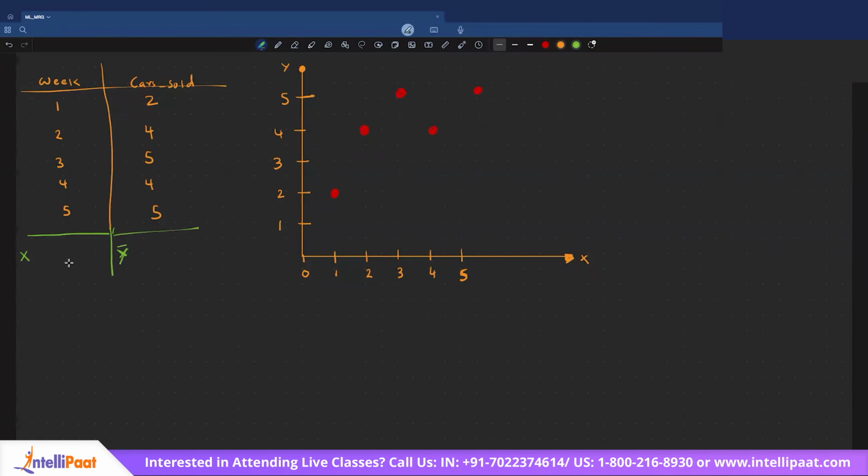What is the mean of the x-axis? Is it going to be 3, the number 3? And what is y bar? What is the mean of y? 4. Agree, disagree? The minute you plot the data, the first thing you should do is take the mean of x and take the mean of y. So can I say that the mean of x is 3? So it is going to pass here.